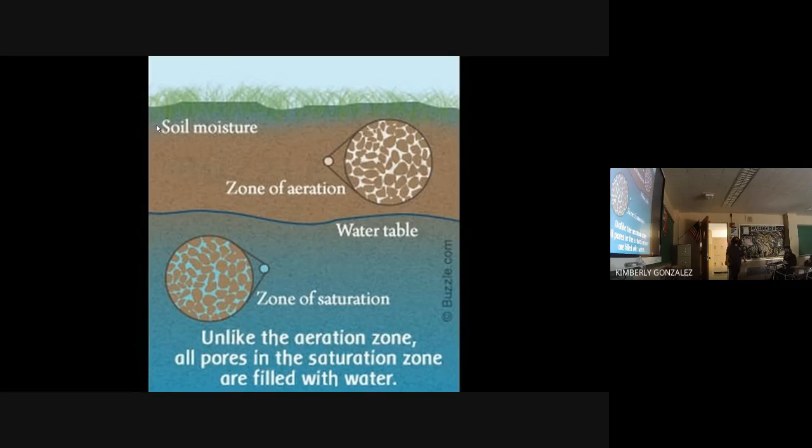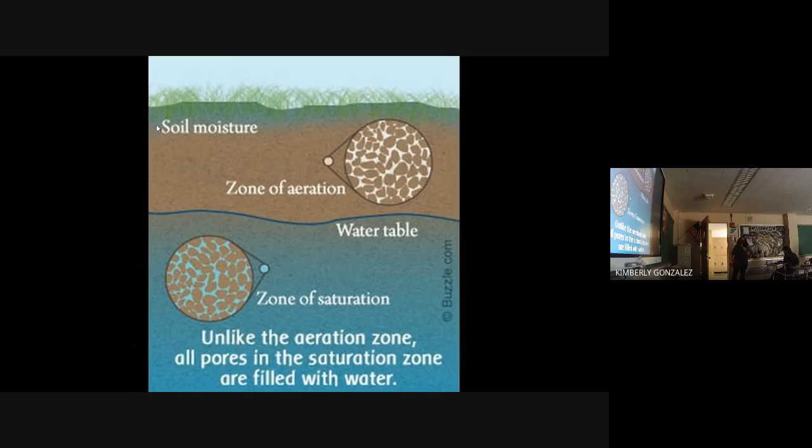Okay, no problem. Here we have, at the top, some graphs. In the zone of aeration, the space between each of the particles does not have water, because we can have more water come through. Then you have that blue line, which is the water table, and then the zone of saturation underneath it.